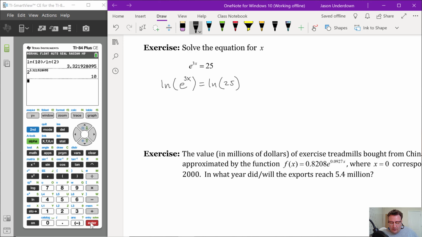And recall that whenever you have a natural log of an exponential base e, that's equivalent to just whatever the exponent is. And in this case, it's 3x. So the left-hand side simplifies to 3x. And thus x is equal to the natural log of 25 divided by 3.